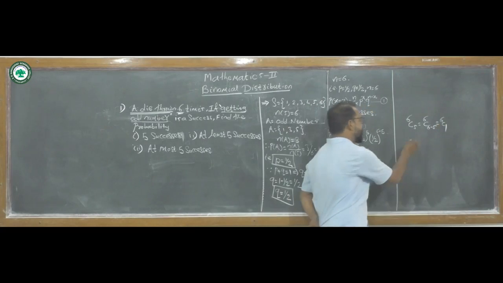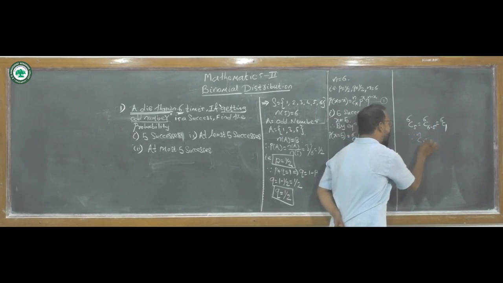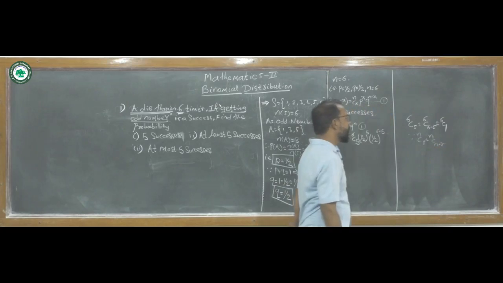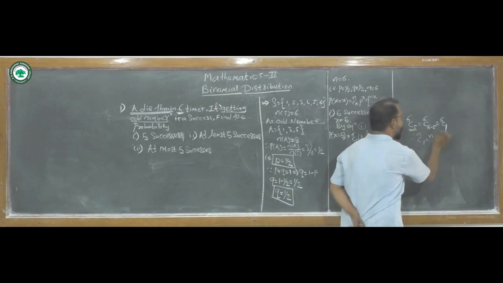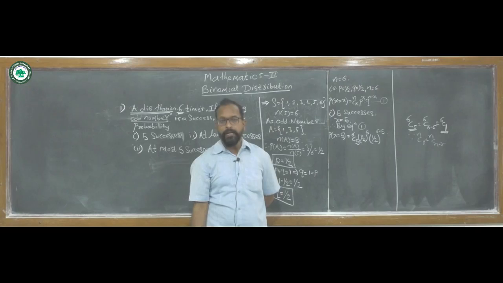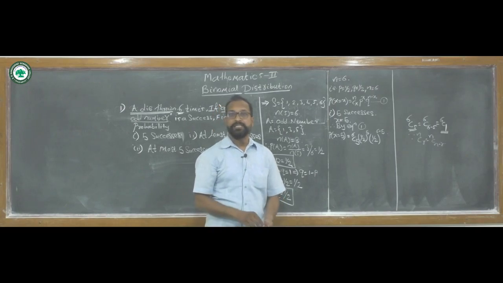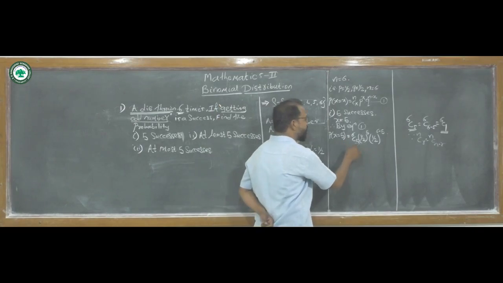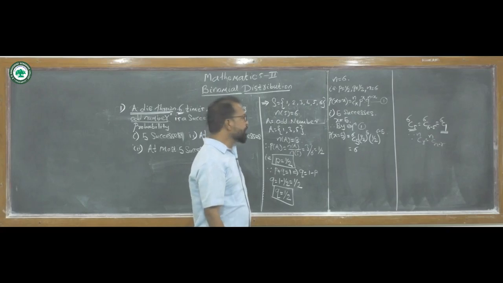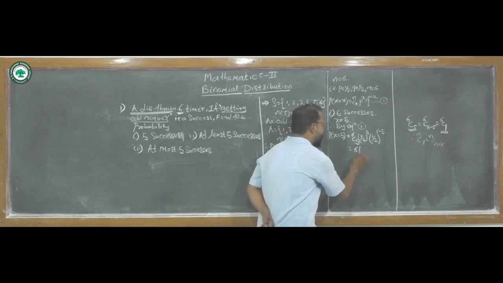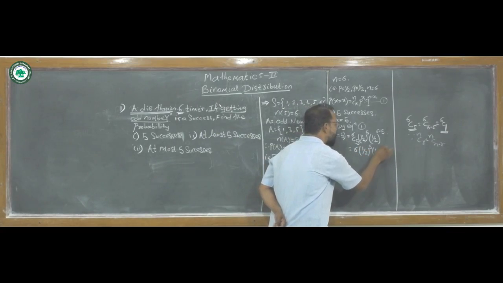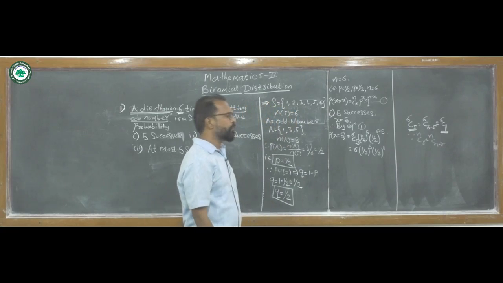We know that nCr is equivalent to nC(n minus r). So this 6C5 is equivalent to 6C1, and we know that nC1 is always n. So here 6C5 equals 6 only, and this is (1/2) raised to 5 as it is, and this becomes (1/2) raised to 1, since 6 minus 5 is 1.